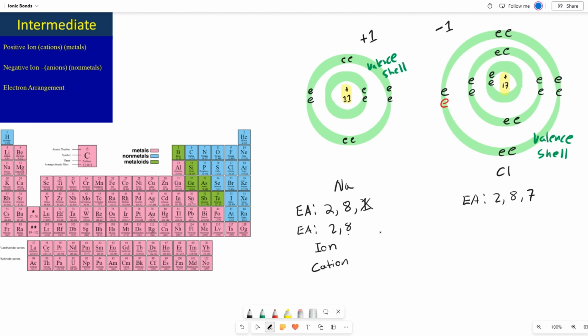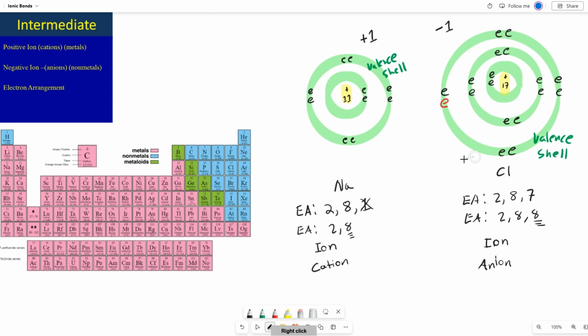Chlorine has gained an electron, so its electron arrangement changes to 2, 8, 8, and this shows that chlorine has also filled its octet. Chlorine is now also an ion because it now has a charge, but it is called an anion because it has a negative charge.